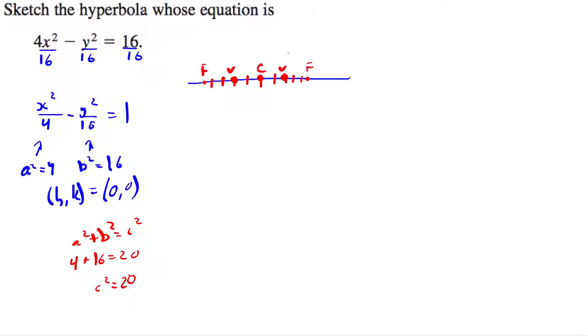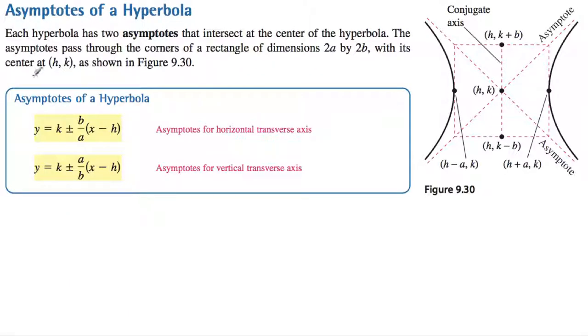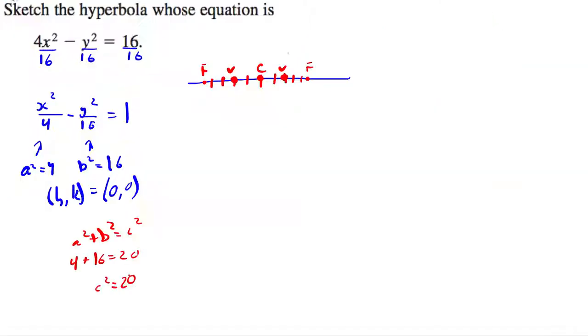But now how do we decide what these curves are going to look like? Are they going to look like that? Are they going to look like that? Well, that's where we need to figure out what our asymptotes are. So here, when we have this horizontal transverse axis like we do, y is going to equal k plus or minus b over a times x minus h.